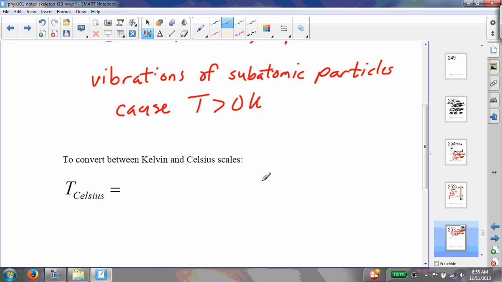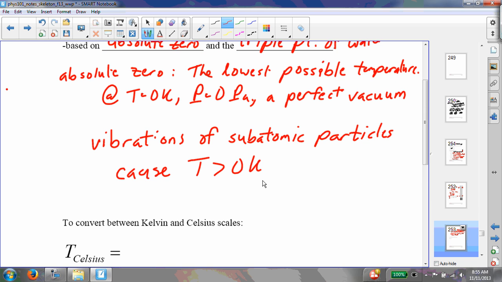And then it's also based on the triple point of water. Sorry, the triple point of water is the point where water exists as a solid, liquid, and gas. It's a particular pressure and temperature where you have water as solid, liquid, and gas.